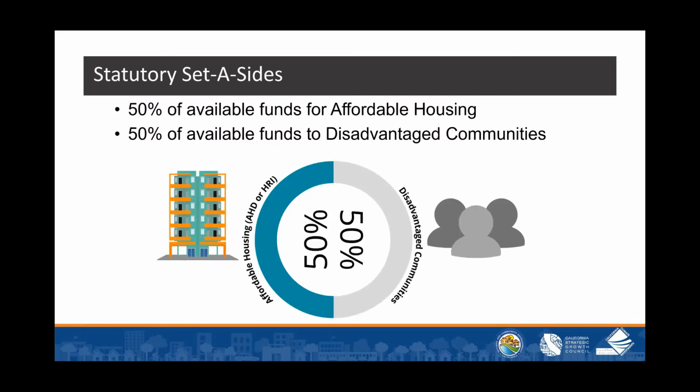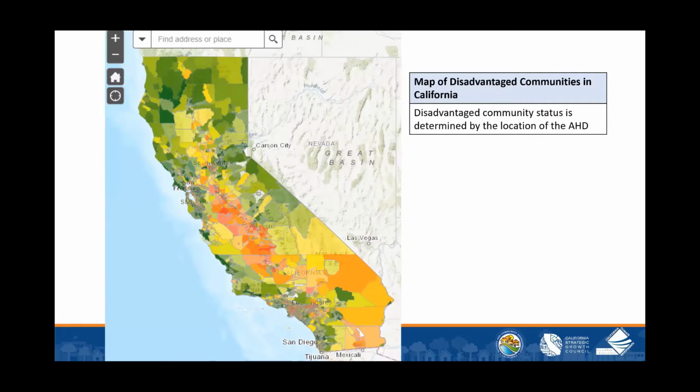So we have some statutory set-asides. 50% of available funds are for affordable housing, and 50% of available funds are to disadvantaged communities. The map here shows you the disadvantaged communities in California, and disadvantaged community status is determined by the location of the affordable housing development.